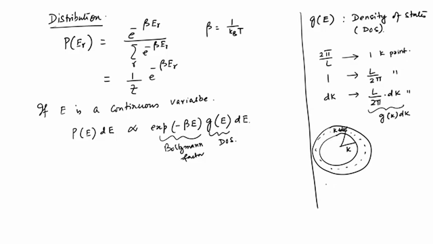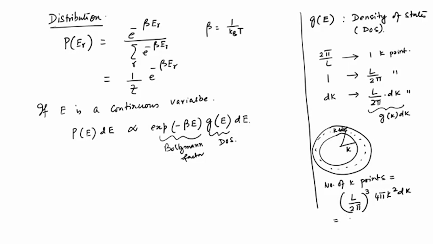So, this number of k points is equal to L over 2 pi whole cube, because now we are in 3D, multiplied by k square dk.